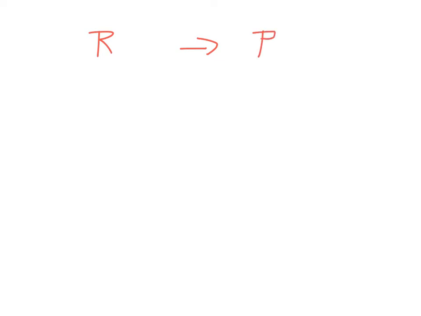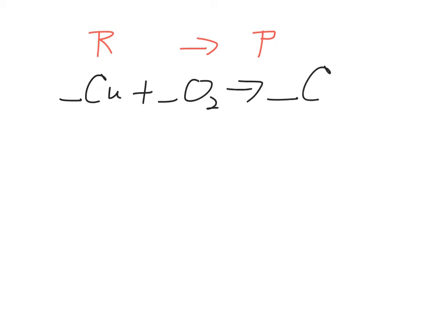Okay, so for that first chemical formula, you have copper, you have oxygen gas, you have copper 2 oxide. Now, the trick here with balancing is you have to know what you have. Let's go ahead and erase that and use a different color, just so you can see it a little better.